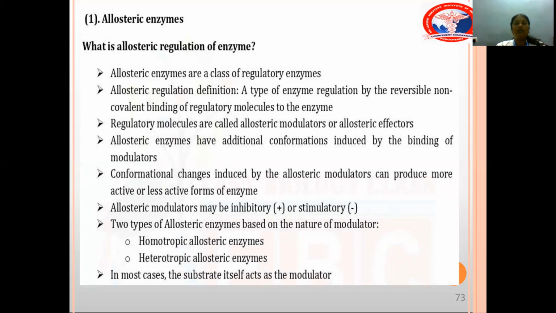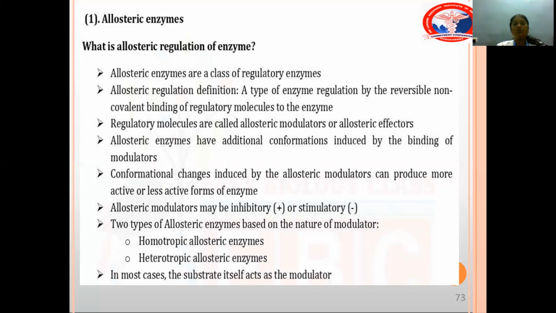So conformational changes which are induced by the allosteric modulators will produce either more active or less active forms of the enzyme. If it produces more active forms of the enzyme, the modulators are called stimulatory allosteric modulators.